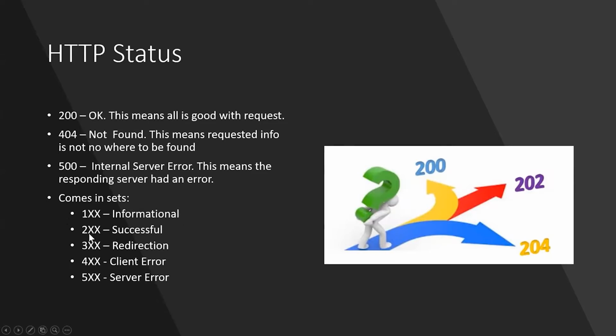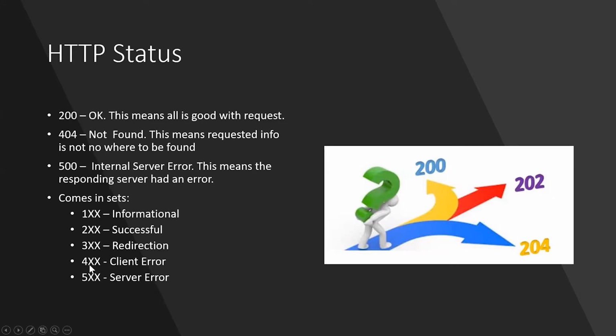So 200s, like 202 or 203 or 200 OK, are successful, as 200 denotes up here. The 300s are redirects. So it might return a 300 and then redirect you to a different location.